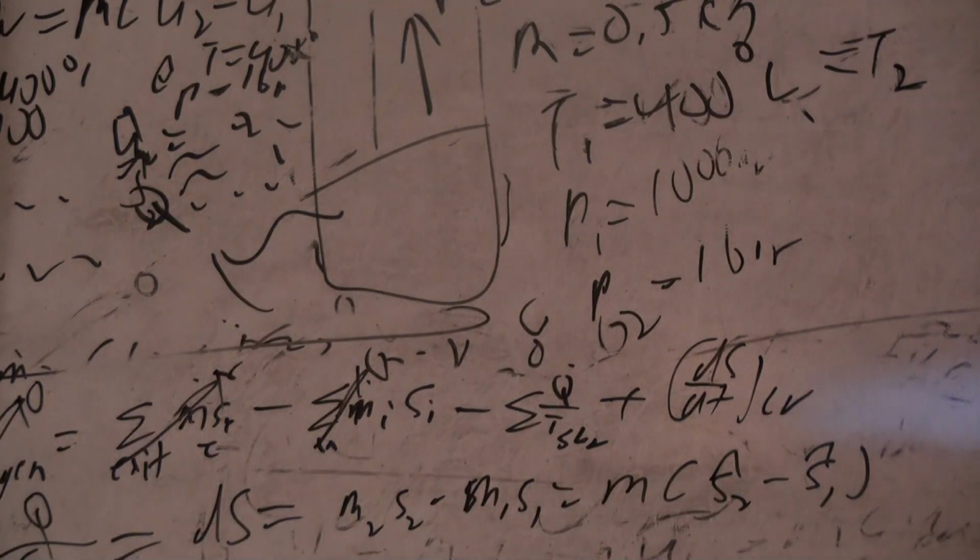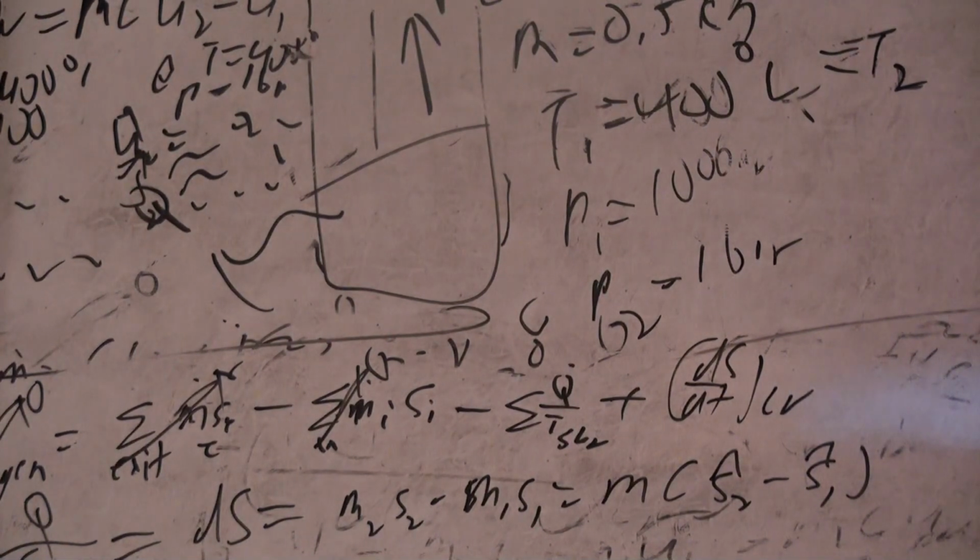Especially in this system where the pressure's changing, I can't just use a straight up PdV. I have to use my entropy balance to figure out my heat transfer, and then from my heat transfer and the difference between my two states, I can back calculate how much work I can get out of the system. Obviously, I'm never going to get that much work because I'm going to have irreversibilities like friction.